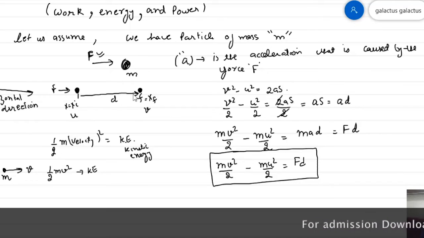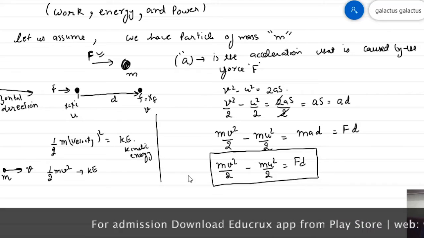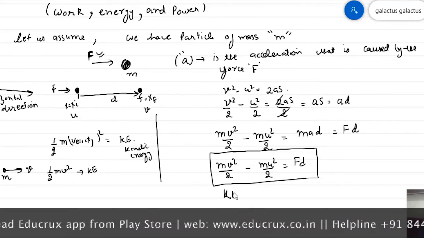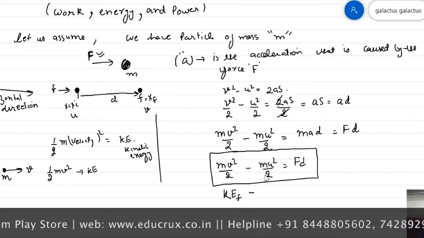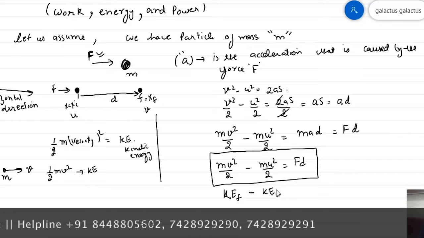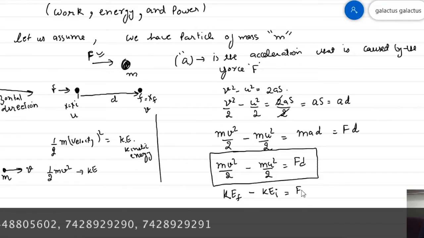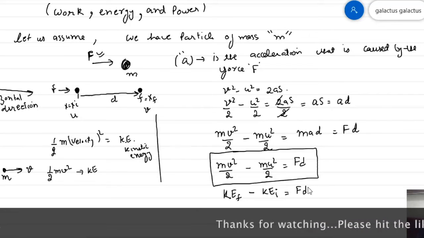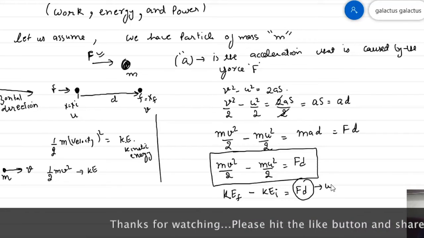Now let us shift back to this example. So half m v square represents the final kinetic energy. Similarly, half m u square represents the initial kinetic energy, and this Fd is given a special name, which is the work done.